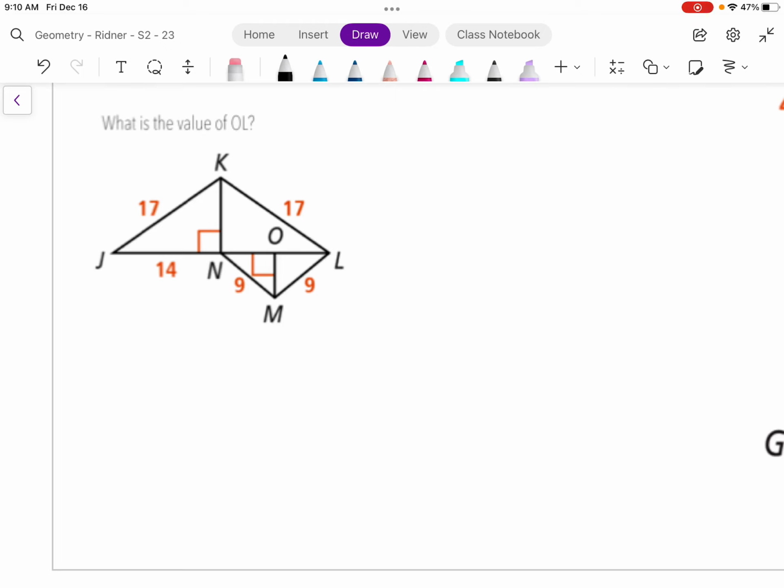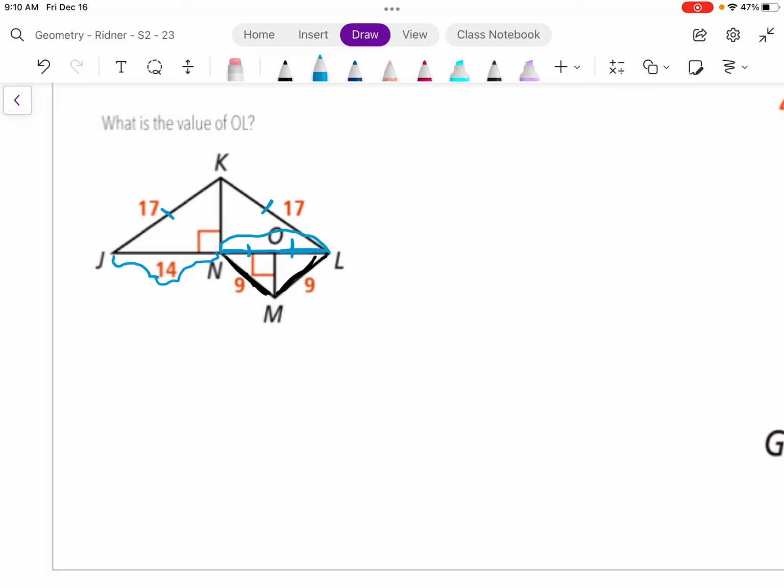What is the value of OL? All right, so this one just takes some reasoning. Since this is 9 and this is 9, I know that this, let me change colors. This little piece OL has to be equal to this little piece ON. Since this is equal to this, I also know that this length, yay, logical reasoning, has to be equal to the whole thing here.